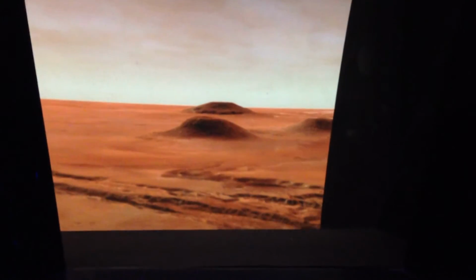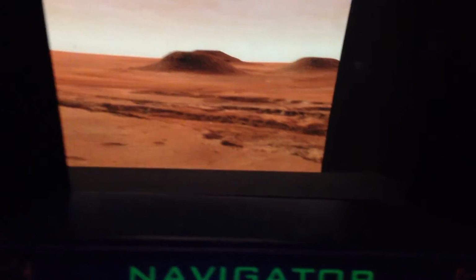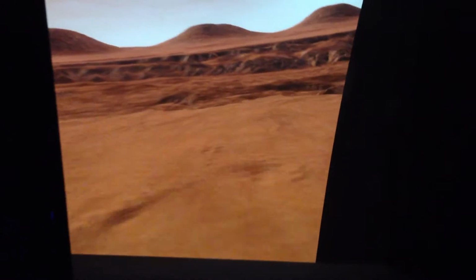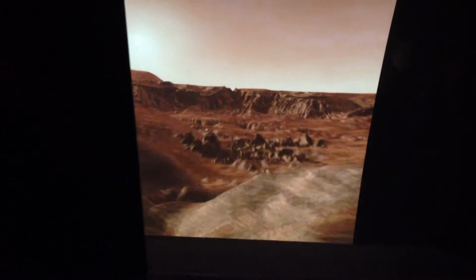Wait, what's the Red Planet? Mars. From our planet Earth to Mars is 33.9 million miles away. Each rider has a role: commander, pilot, navigator, and engineer.